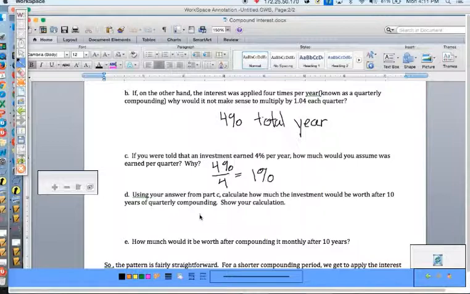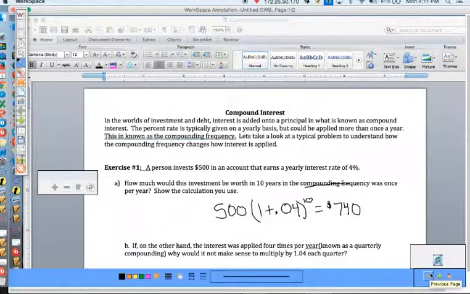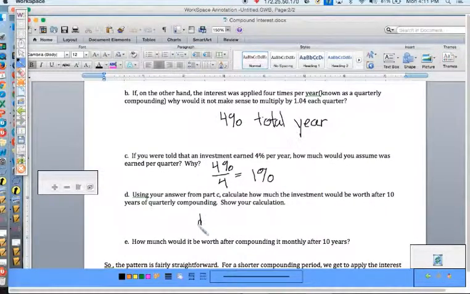Well, let's see. We started with, I already forgot how much money we started with, $500. And it's checked, so 1 plus our interest of 4%, it's divided by 4, but it's not just checked 10 times anymore. It's checked 10 times 4.